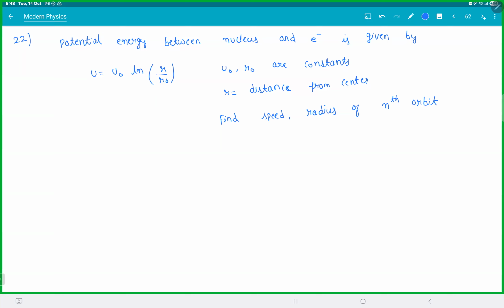One is your angular momentum is quantized, and the second thing, force F is equal to the centripetal force.